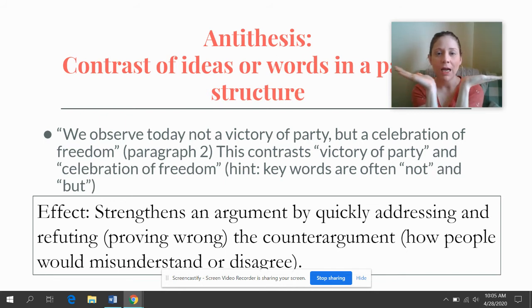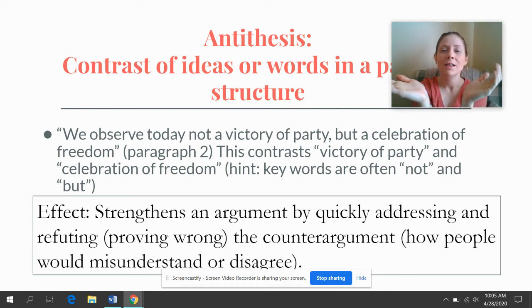So you have this parallelism that really helps stake his opinion in the ground, that this isn't just about one political party, the Democrats or the Republicans. This is about all of us. So that antithesis really emphasizes his point.